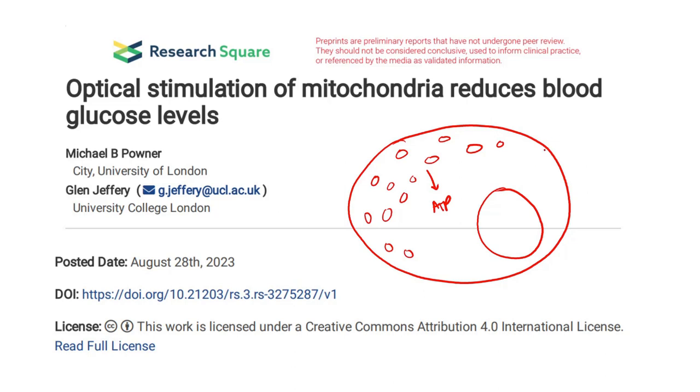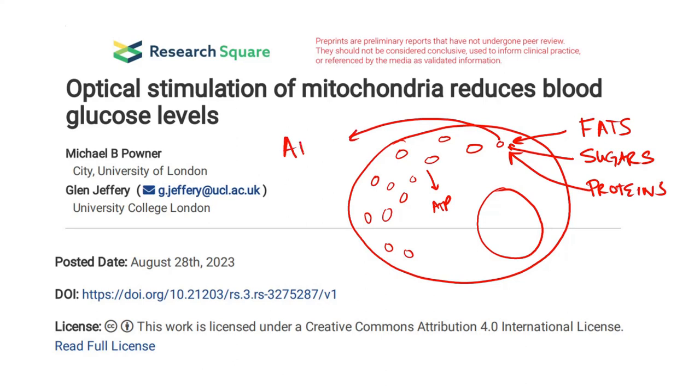And the way they do that is by breaking down fats, sugars, and proteins. So these things go into these little mitochondria, and out comes something called ATP, which is energy. Also, what comes out is carbon dioxide.